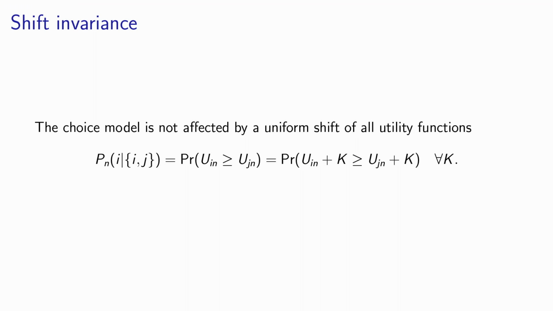An interesting property of the choice model is that it is not affected by a uniform shift of all utility functions. It means that I can decide to add or remove a constant k from the utility of each alternative, i and j in this case, and this doesn't affect the choice probability.